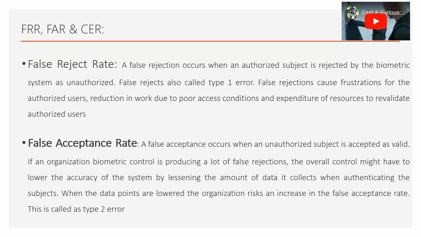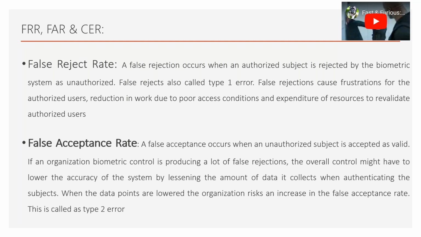Let's say you have voice print, your voice recognition, your voice pattern, or your signature dynamics. With these kinds of biometric systems, there is a chance that an unauthorized user will be accepted as valid.